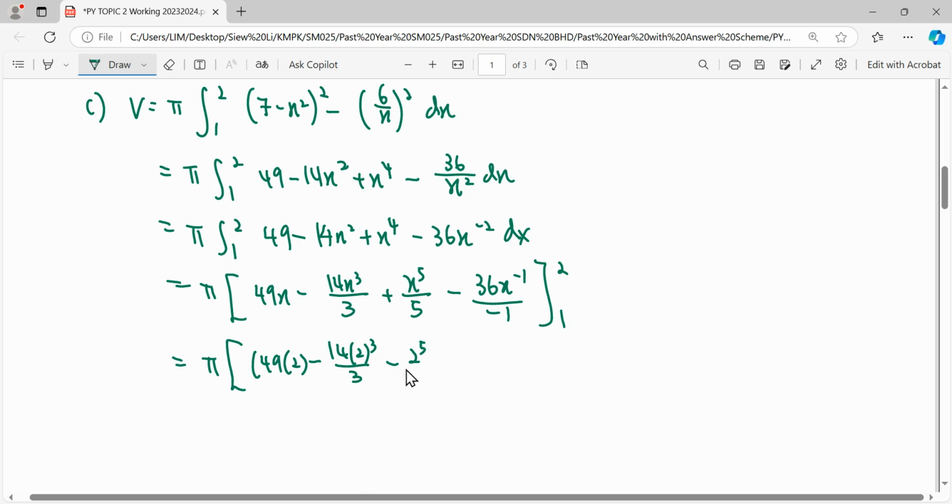So negative negative becomes positive. 36 over 2 minus, substitute 1. If you don't want to simplify, you can just rewrite it also.